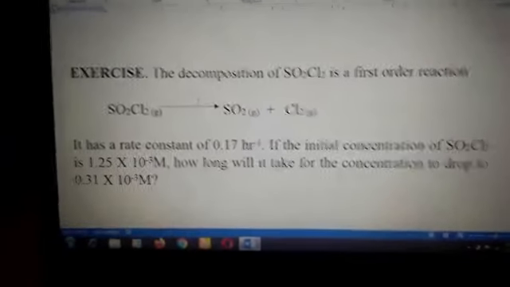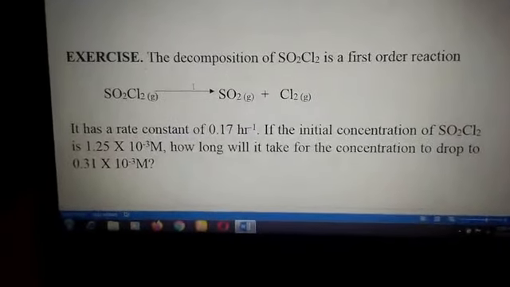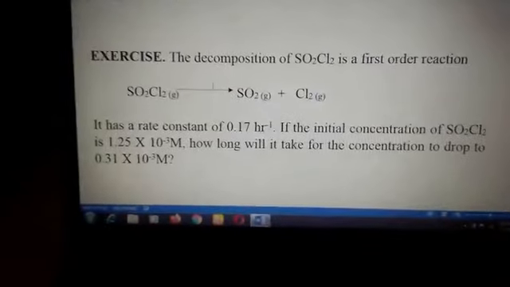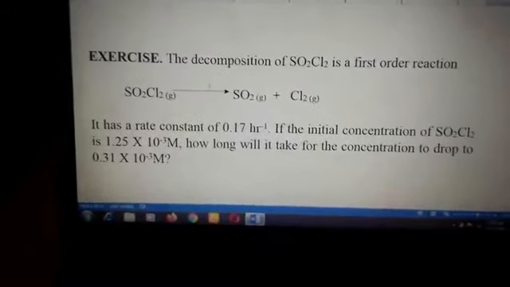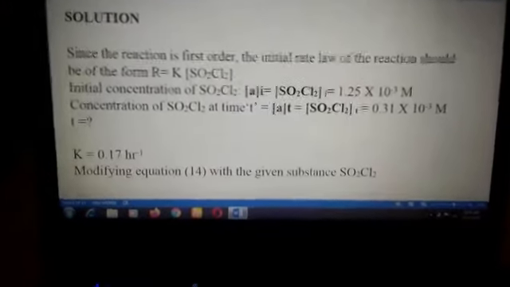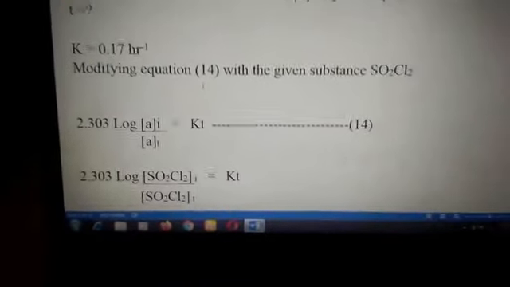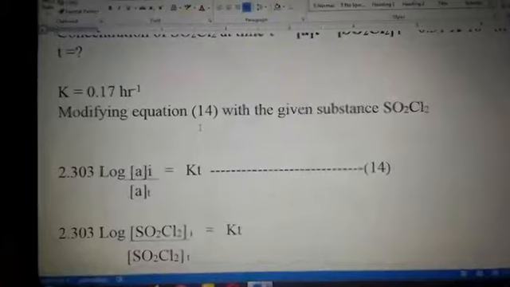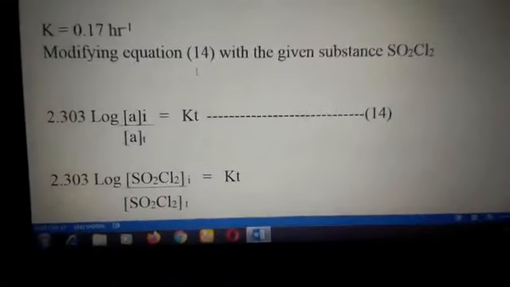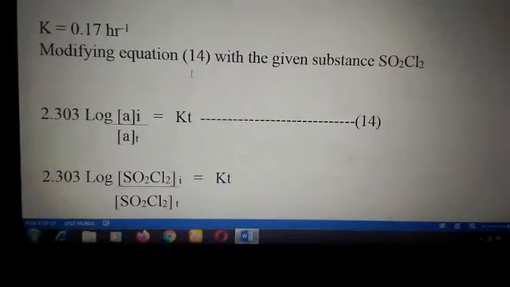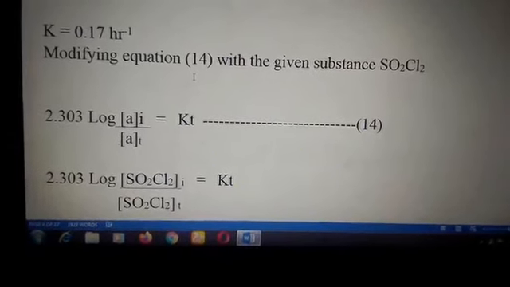That is our K. If the initial concentration of SO2Cl2 is 1.25 × 10^-3 mole per dm³, how long, that is time, will it take the concentration to drop to 0.31 × 10^-3 molar solution? So having done that, we now have equation 14, the integrated rate equation for first order, which says 2.303 log A_i over A_t, the concentration at time t, equals Kt.